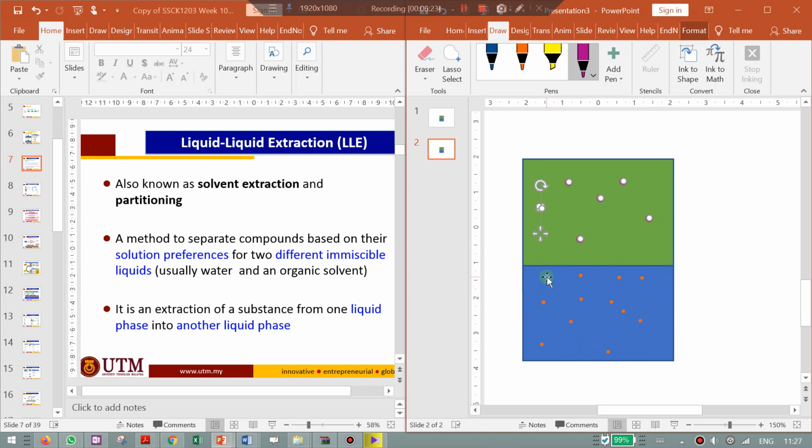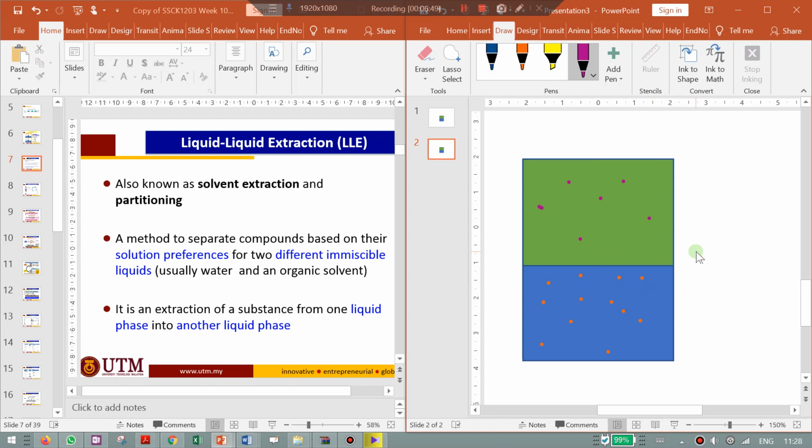So the intention of the liquid extraction is to extract the impurities and ready your sample for the analysis. Again, the liquids must have different properties by their density and also their polarity.